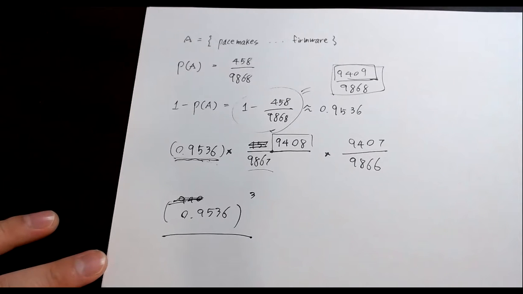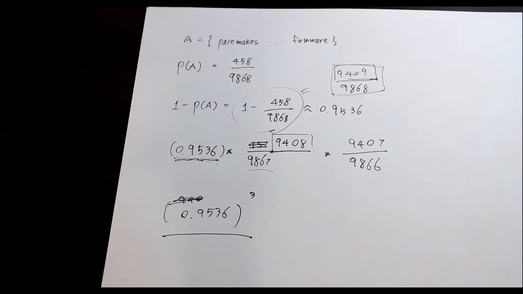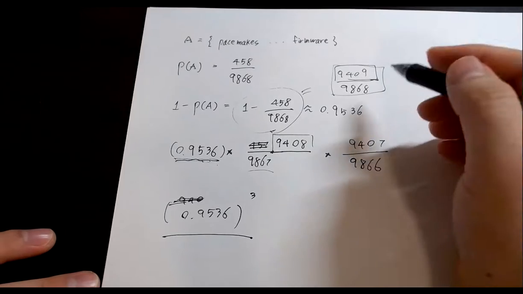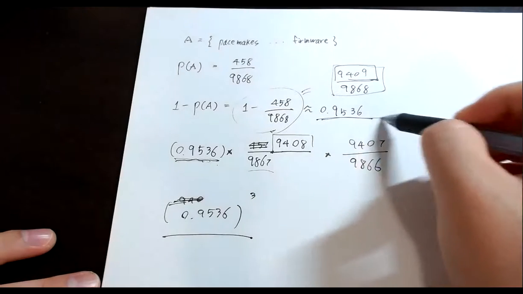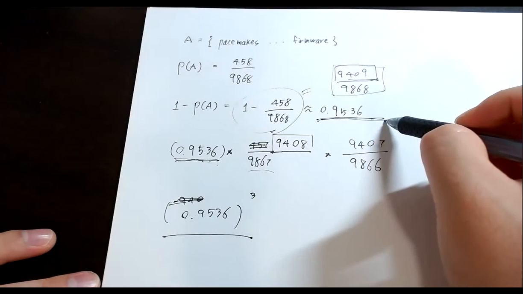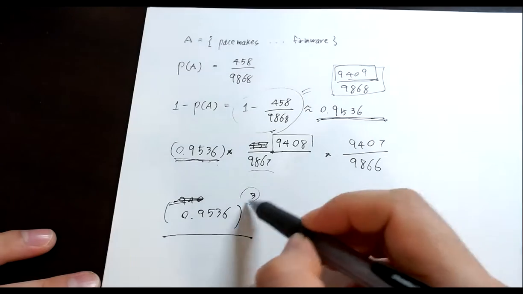each event as independent. Now, when you figure out the answer, don't round the number before taking the third power.